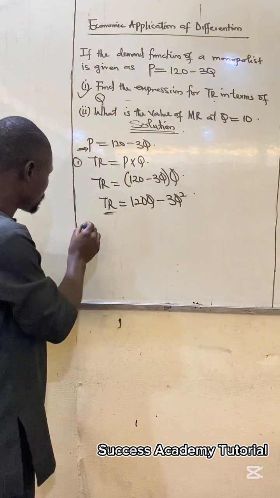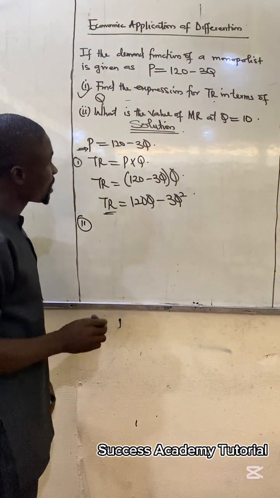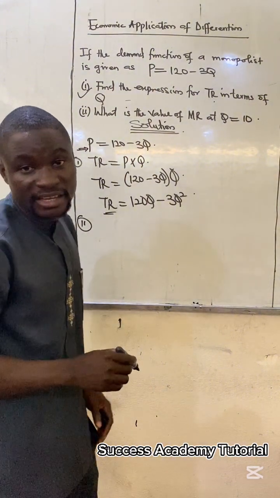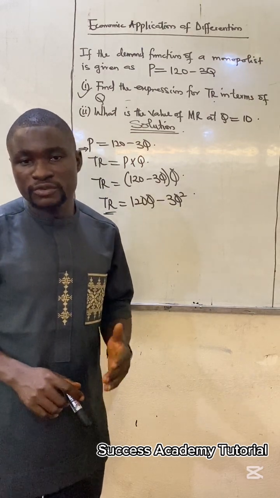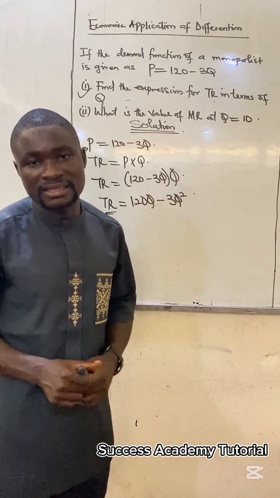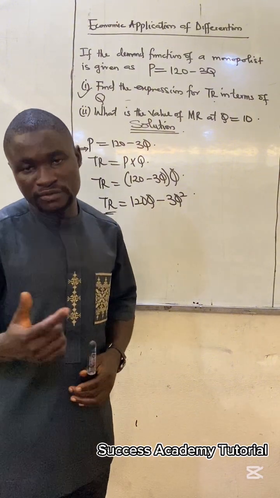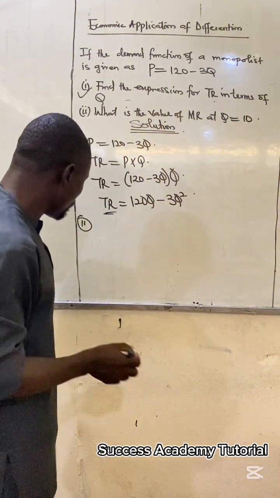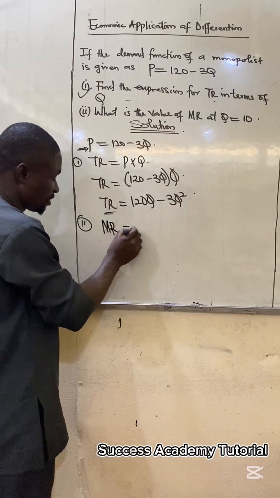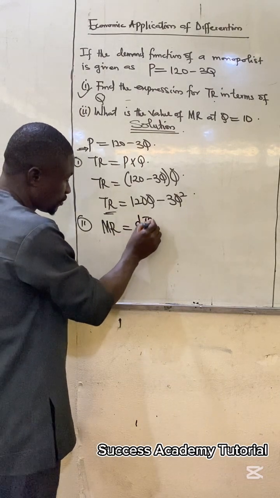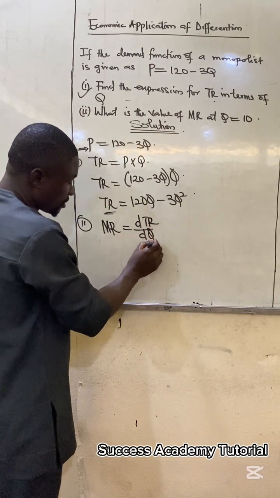And then the next is to determine the marginal revenue. Don't forget that marginal revenue is the differentiation of total revenue with respect to quantity. That is, the change in total revenue as a result of change in quantity. So for us to find marginal revenue, we say marginal revenue is equal to change in total revenue over change in quantity.